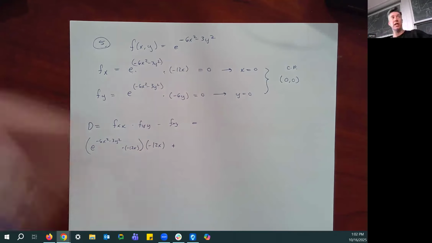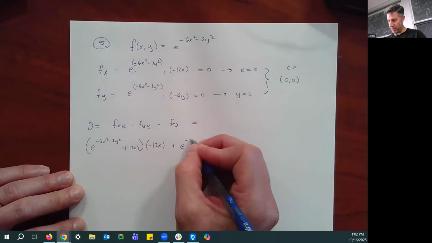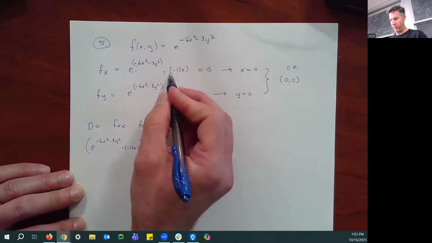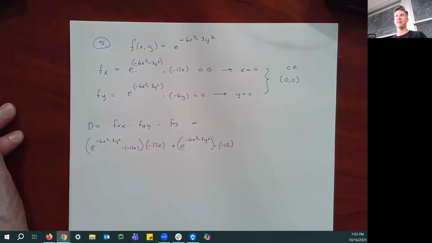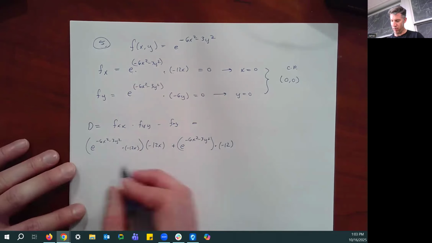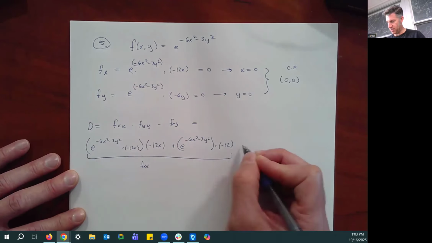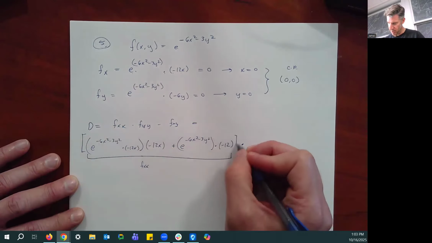Plus, then we switch it, and we say, okay, we're going to leave the first part alone and get e to the negative 6x squared minus 3y squared times the derivative of negative 12x, which is negative 12. That's my fxx. Great. Let's put some brackets around that.